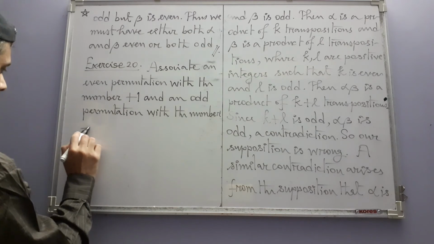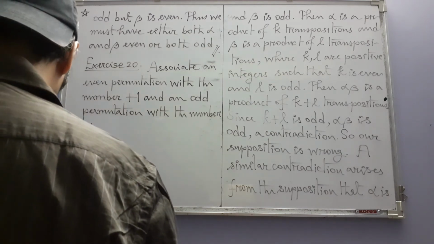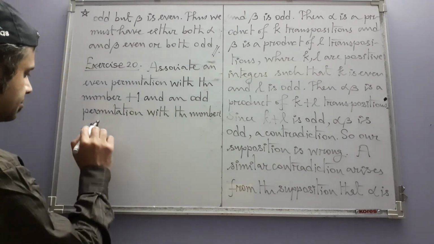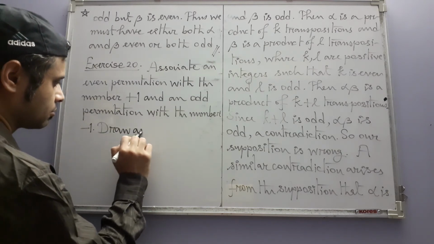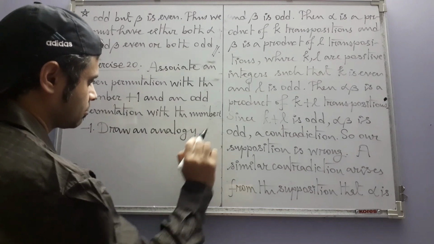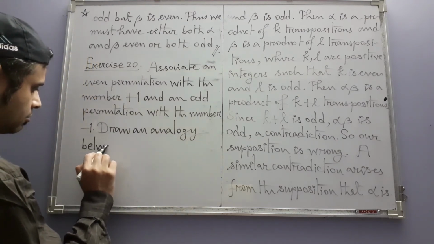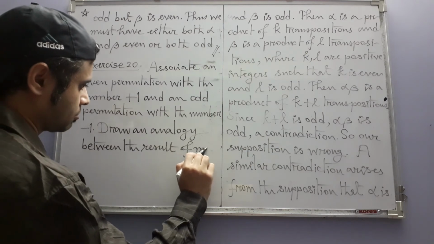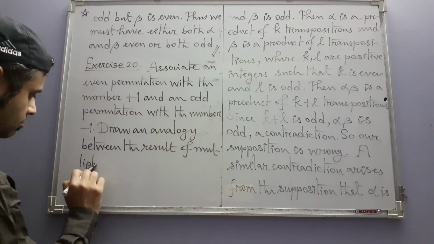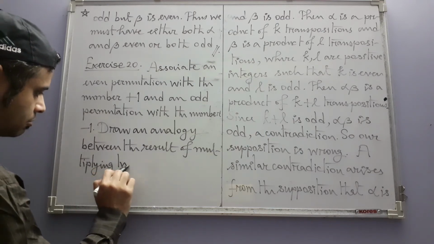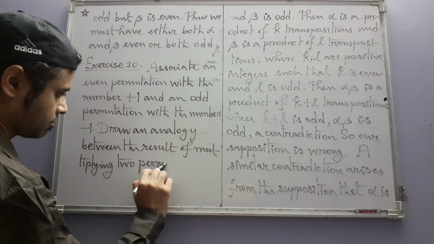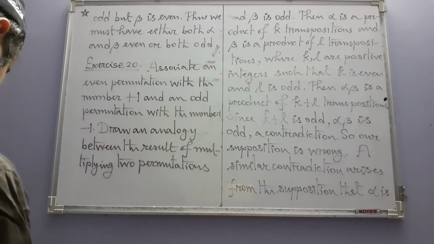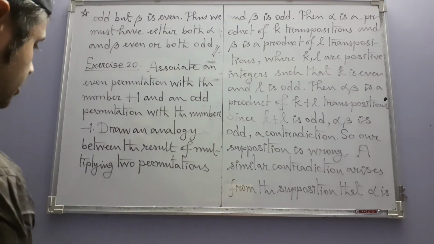Draw an analogy between the result of multiplying two permutations and the result of multiplying their corresponding numbers.